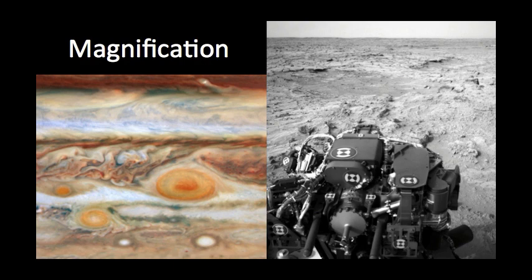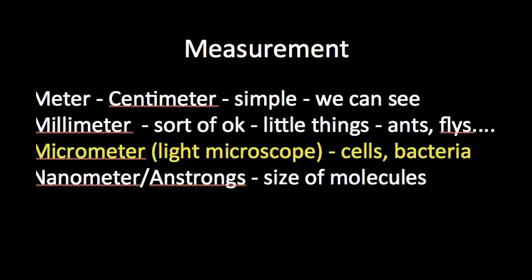So when we look at cells in bodies, it's very important that you look for a scale bar and understand the relative size of cells. And I don't need to tell you that there are different measurement scales that we use. The vast majority of the time, we look at things in the micrometer range.